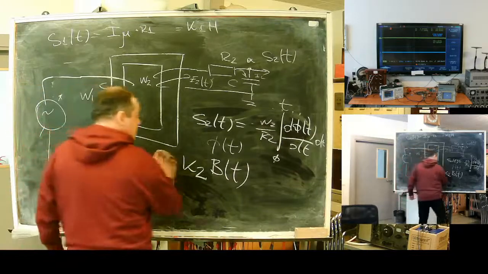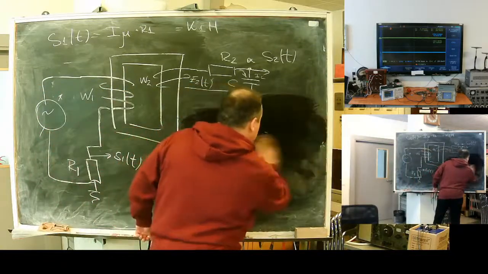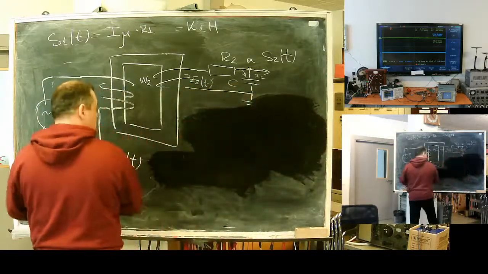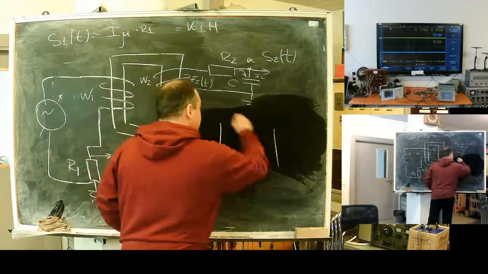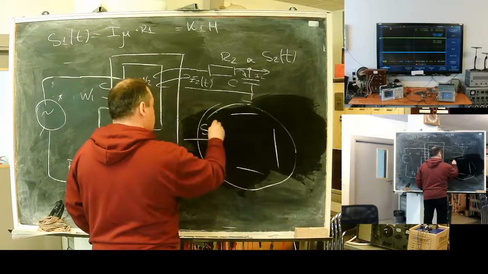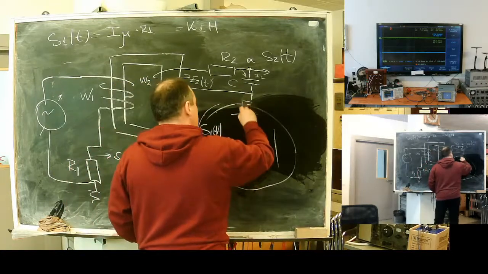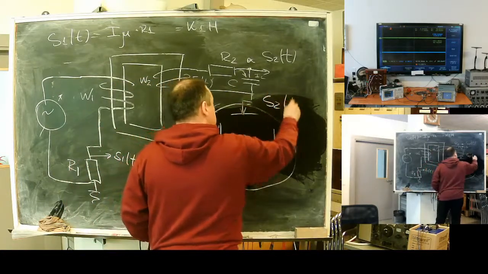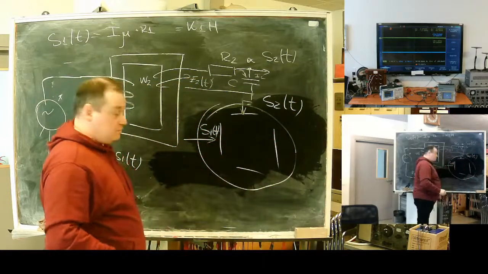So, if I create a chart with S1 on X and S2 on Y, what will I get?